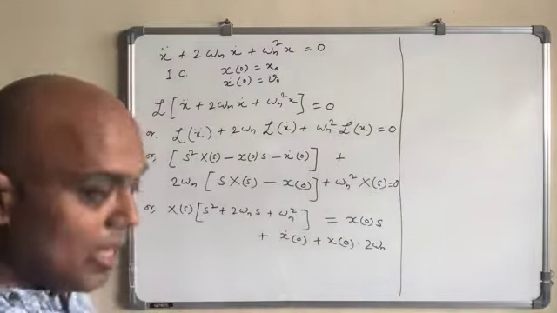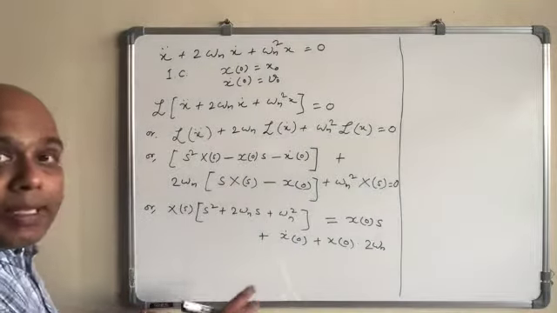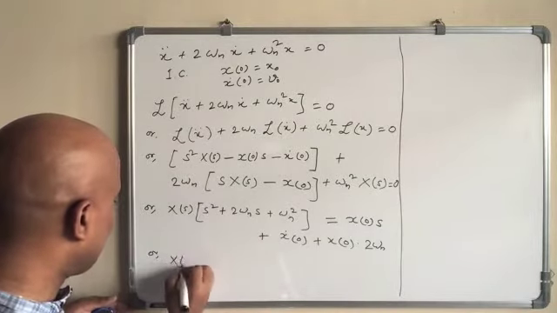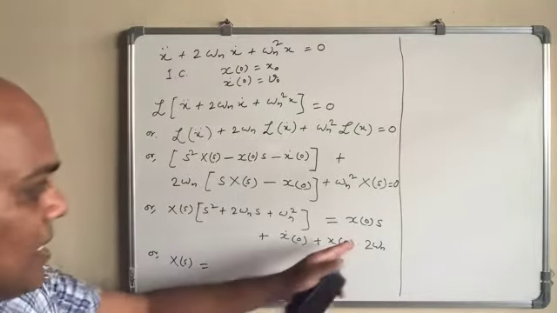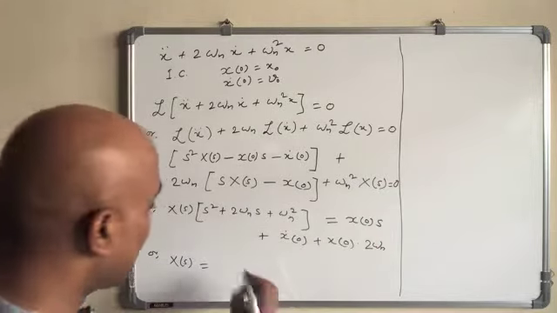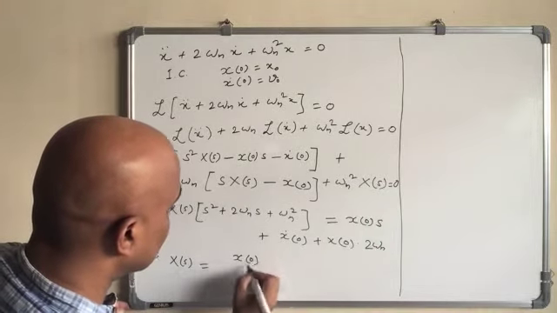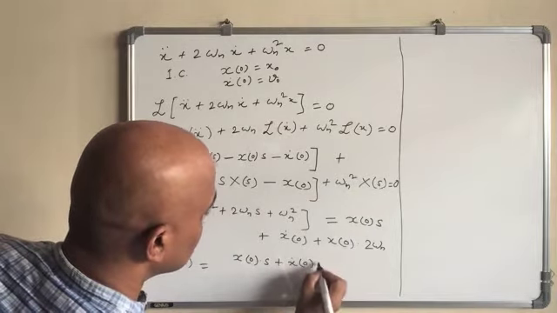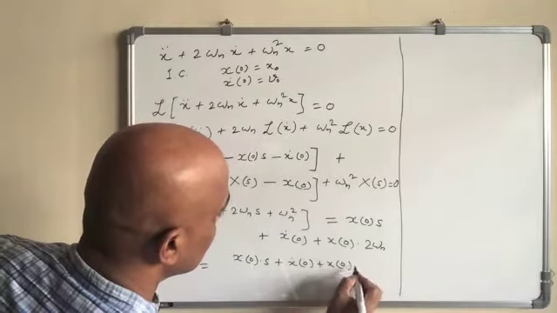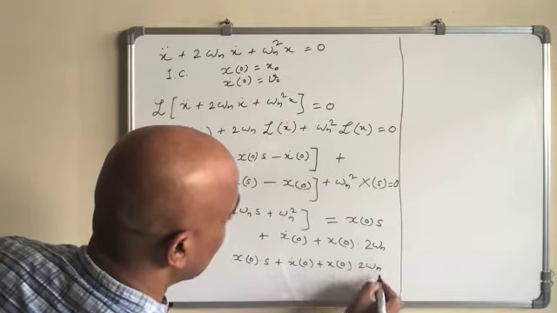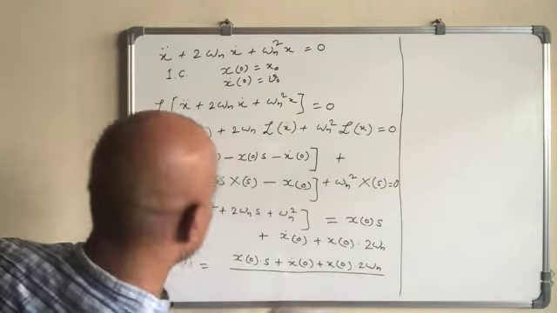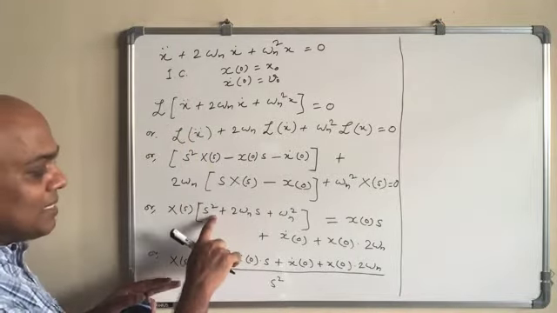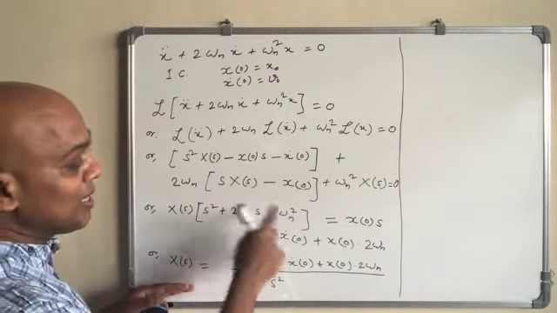Now we can simplify further, so X(s) will be written as x at 0 multiplied by s plus x dot 0 plus x at 0 multiplied by 2 omega n, divided by s square plus 2 omega n s plus omega n square.